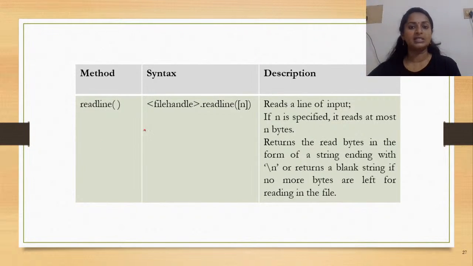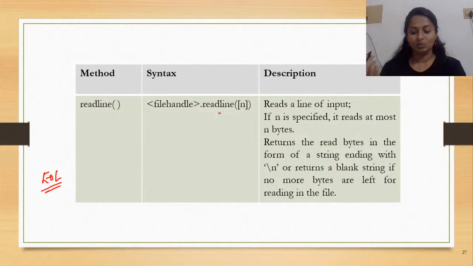But whatever it is, it would have an escape sequence like you have mentioned. This escape sequence would be the EOL character, or the end of line character, for your file. Readline again has two variants, wherein you can either give the number of bytes inside the readline function as a parameter, or it is not mandatory.